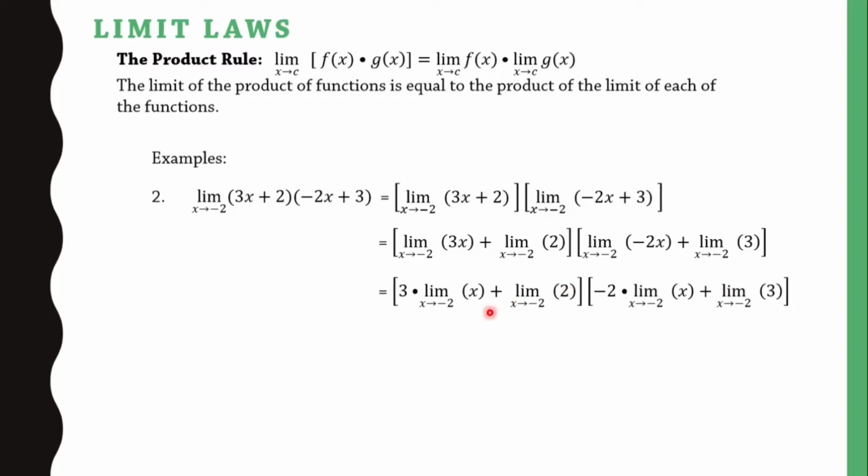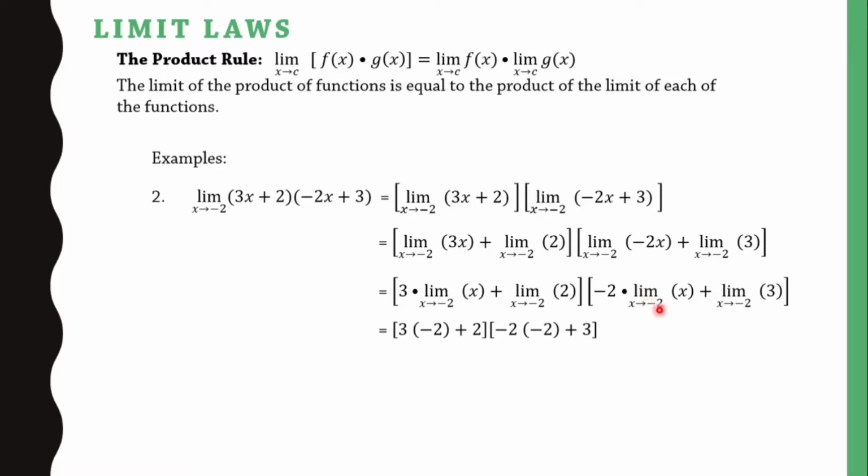So take note, this is 3 times the limit of x as x approaches negative 2, which is negative 2 using the identity rule, plus the limit of 2 as x approaches negative 2, which is 2 using the constant rule. Then we have negative 2 times the limit of x as x approaches negative 2.